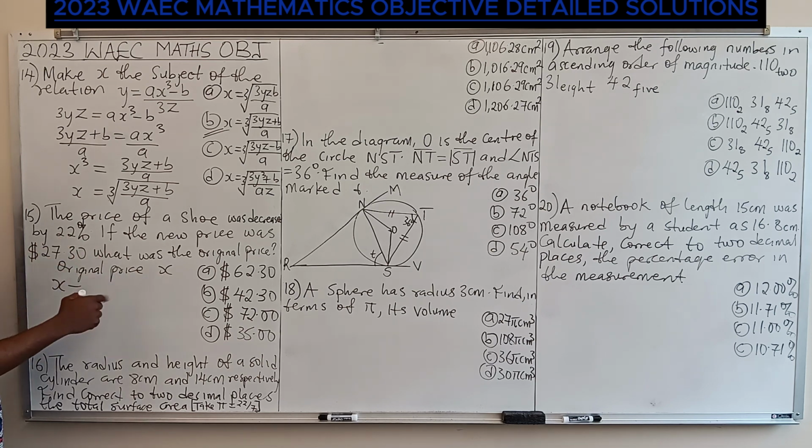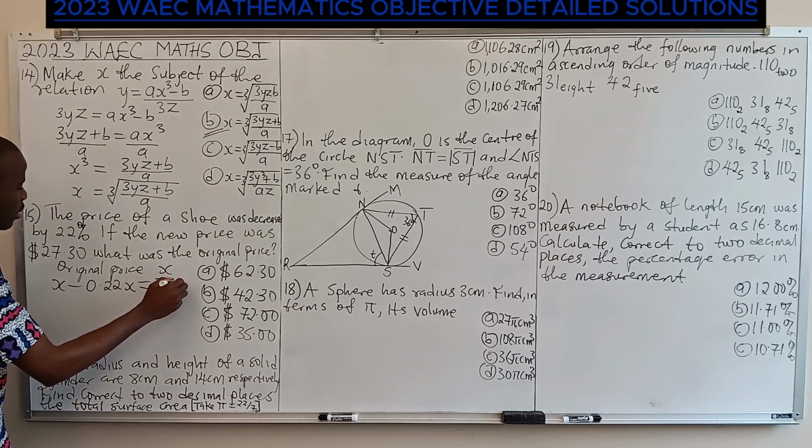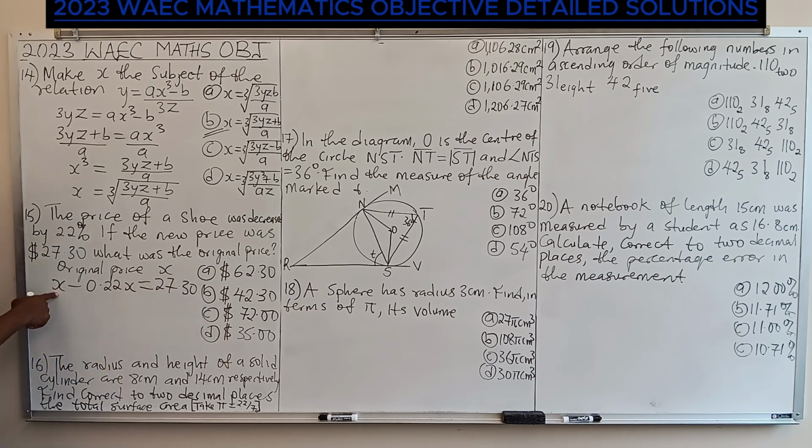22% is 22 over 100, which is 0.22 of X. We are given the new price, which is $27.30. The original price minus the 22% decrease of the original price gives the new price.